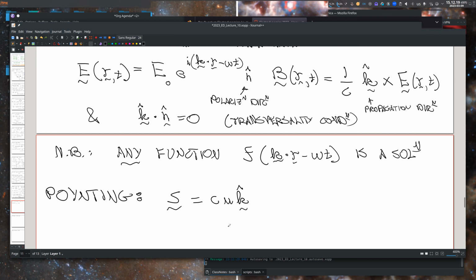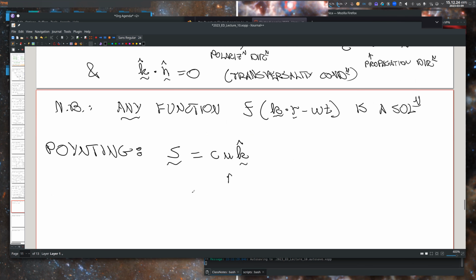Where this U here is like the density that we've seen before, right? So essentially we had epsilon 0 over 2 E squared plus 1 over 2 mu 0 B squared. But here, for this monochromatic plane wave, the B is proportional to the E, and essentially the size of this term is the same as the size of this one. And it just becomes epsilon 0 E squared.